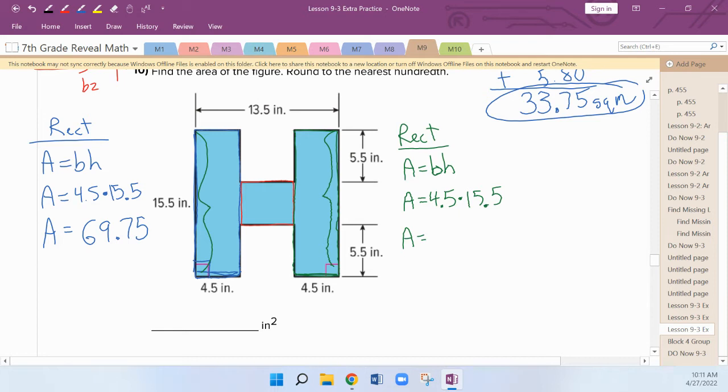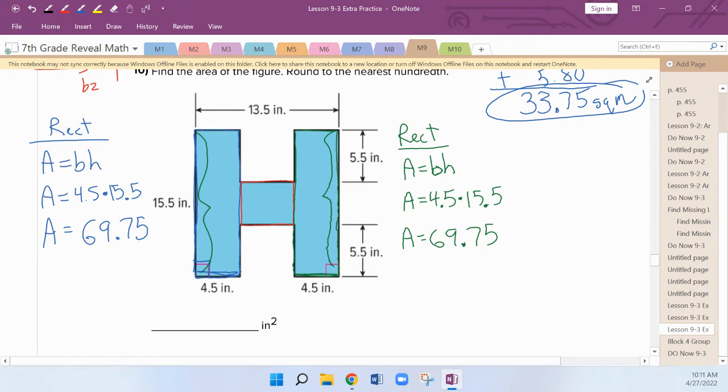I guess it's kind of an assumption that I shouldn't be making, but I'm going to do it because it makes it easier in this case. And obviously that's 69.75, just like the other one, because it has the same dimensions. So it has to be.